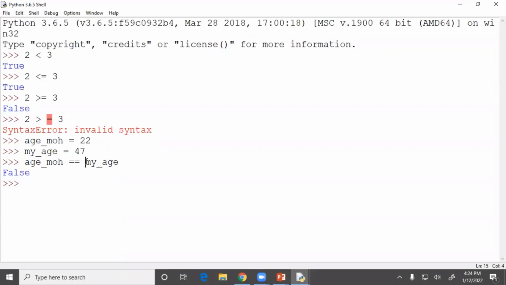So I write the same thing, and instead of equal, do you remember what I write here? So this means that I'm saying that your age is not equal to my age. Is what I'm saying true or false? So this answer is going to be true now. Clear? You're good? Questions?